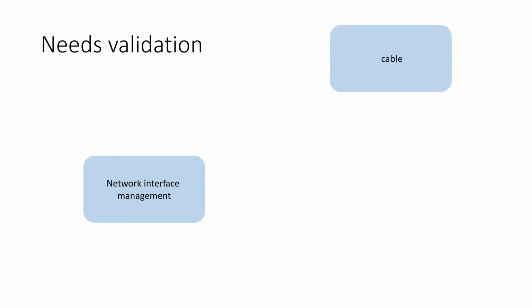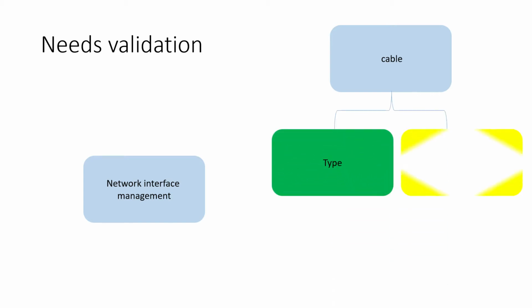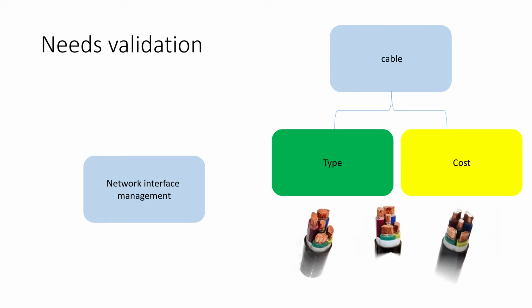Another example is cable. There are many cables in the market. We need to choose the type which meets the requirements of the subway communication system. After that, we need to consider the cost of this type, and we need to choose the best one as the cable that we need in the communication system.